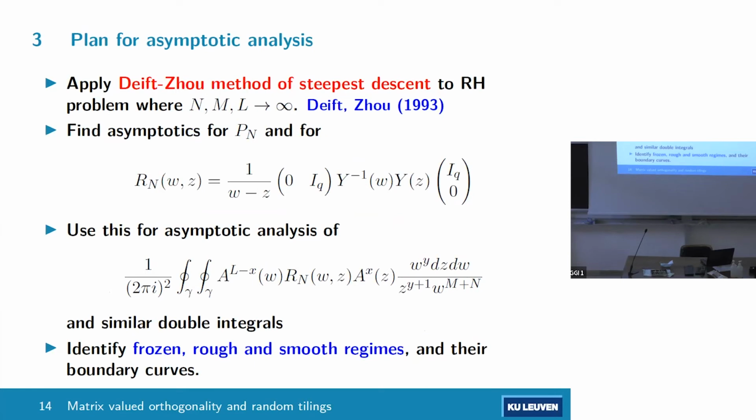That will give information about how these polynomials behave when the degree grows, but also this reproducing kernel. And once you have good information about this, then you may try to use that to get information about the large n behavior of this double integral, which in turn will give the correlation kernel.